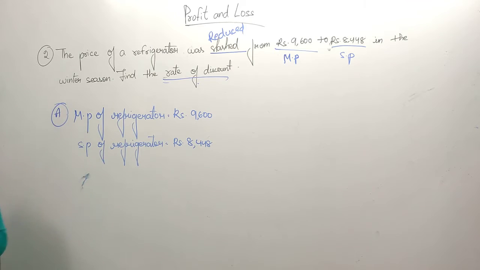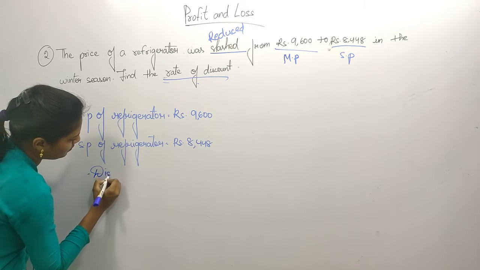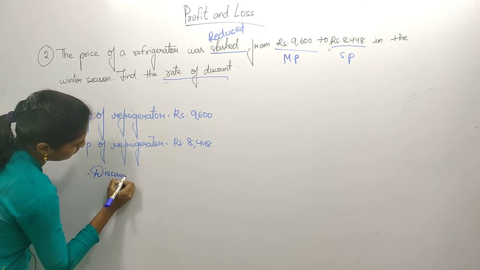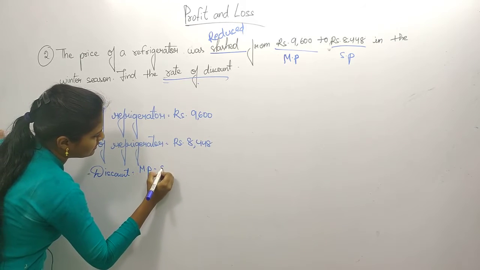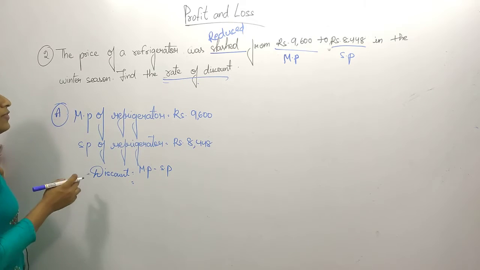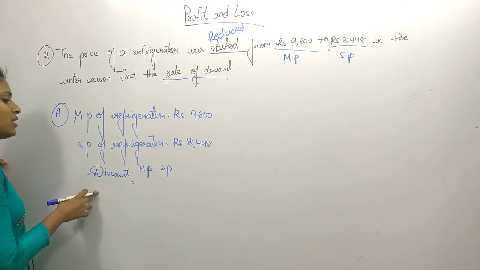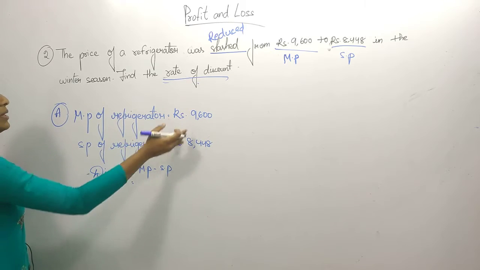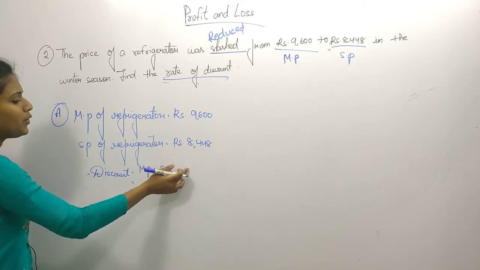Discount is equal to market price minus selling price. He told us to find the rate of discount, but before finding the rate of discount, we have to find the actual discount. Now how much money is reduced? Market price minus selling price you have to do.